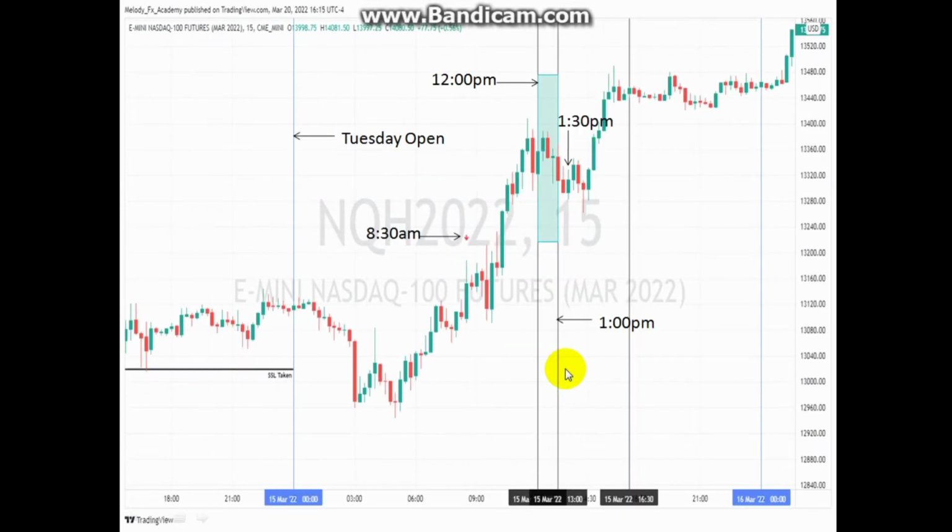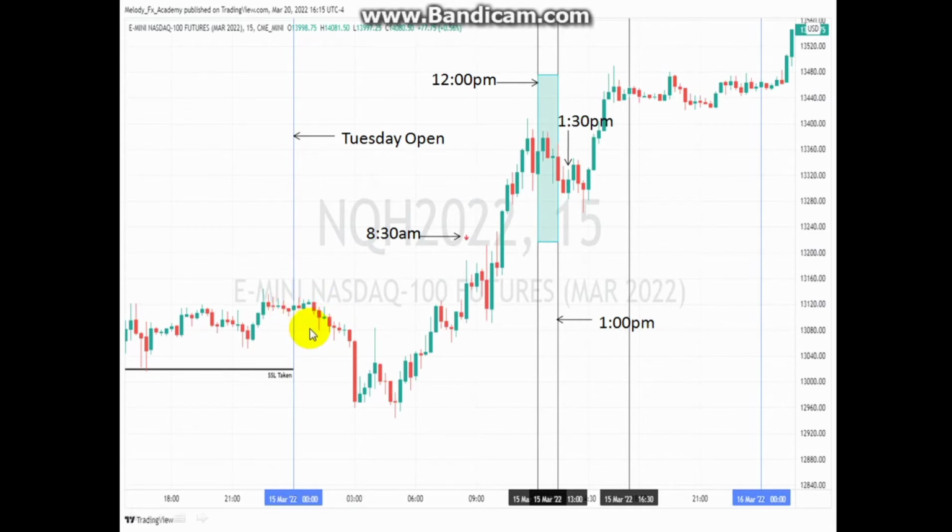Okay, so now let's get down to Tuesday's price action. I have some times of the day marked out right here. These are the times of the day that you might want to take note of. This is for the futures market only.